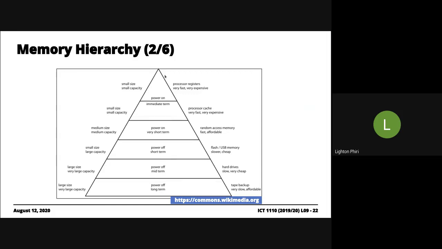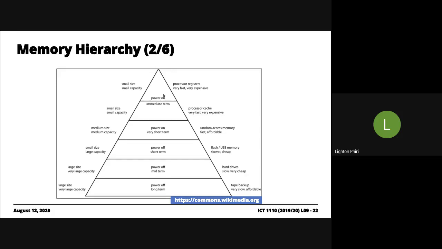As you're moving down the pyramid, capacity increases, speed decreases, and obviously the cost decreases. We introduced something that's going to come up again: whether or not a particular memory component is volatile or non-volatile, whether the data and instructions stored in that component are persistent or not.